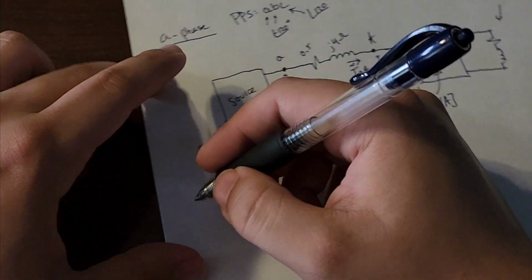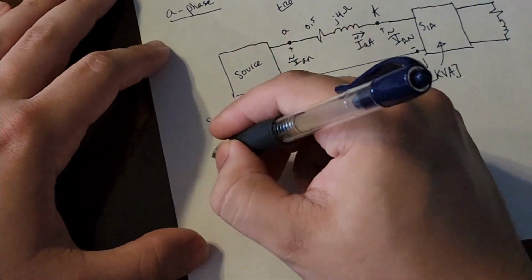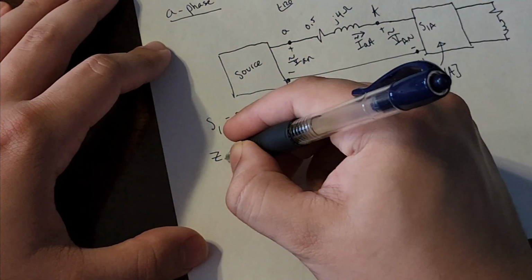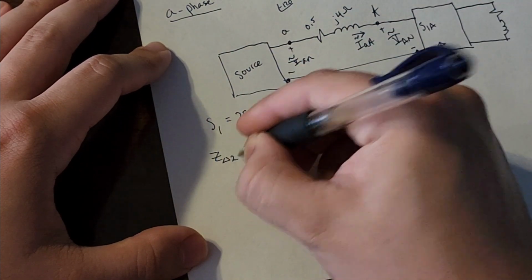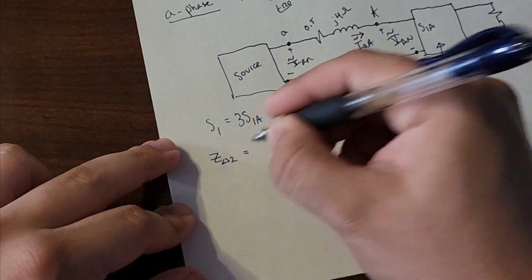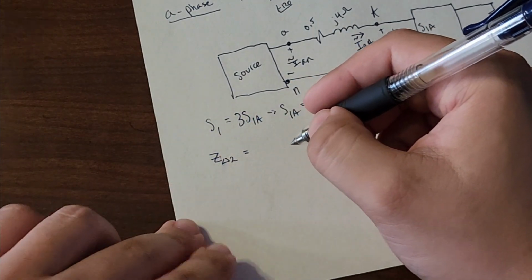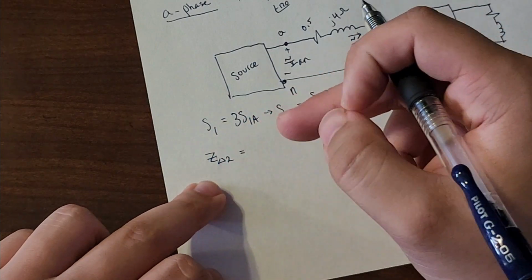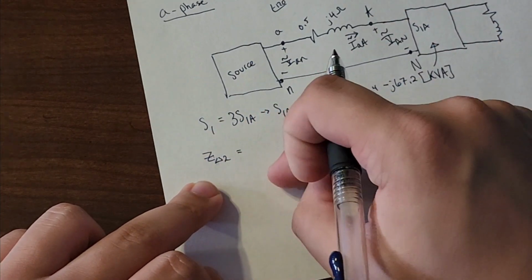So there is something that we should know here. The delta connected load, we'll call it Z delta 2, is equal to what? How do we go from delta in positive phase sequence, from delta to a Y configured load?